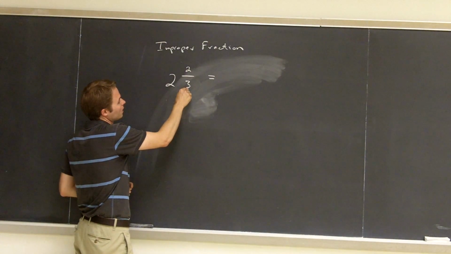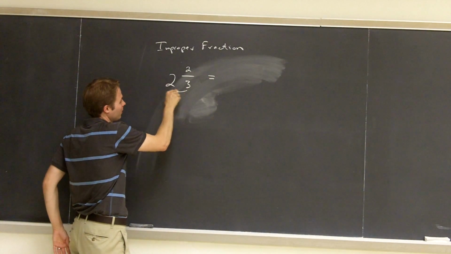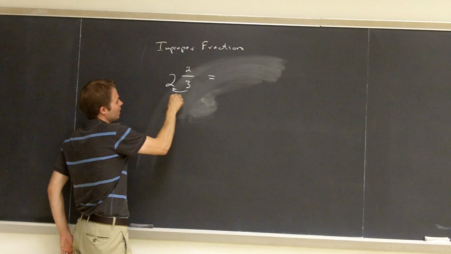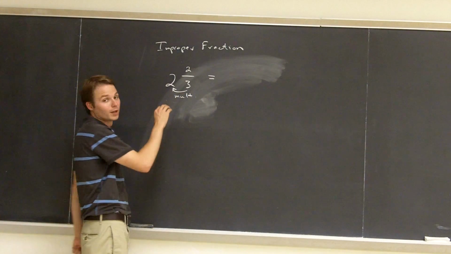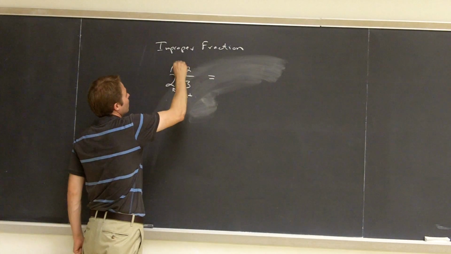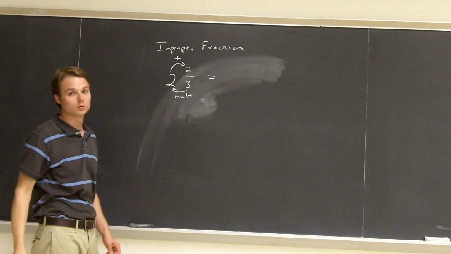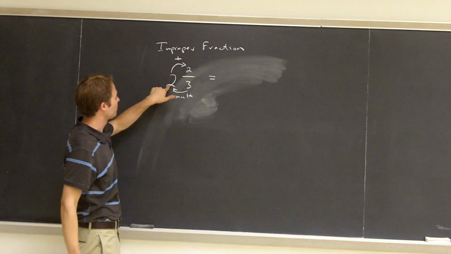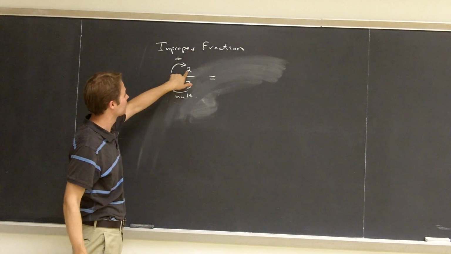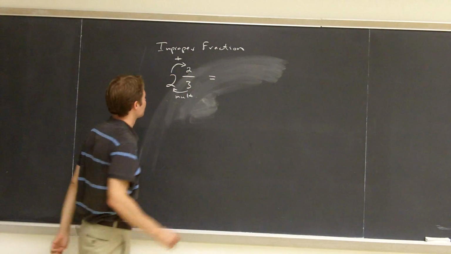What we need to do is take the denominator of the fraction part, multiply it times the whole number, and then whatever that resulting number is, we need to add it to the numerator of the fraction part. So for example, here we have 3 times 2, which is 6, and then 6 plus 2 is 8.